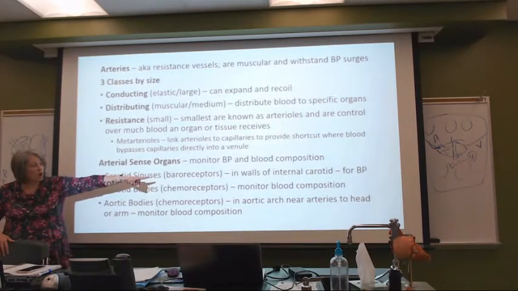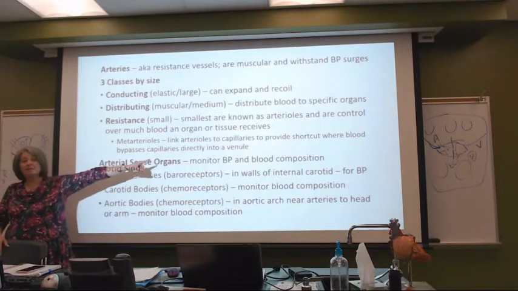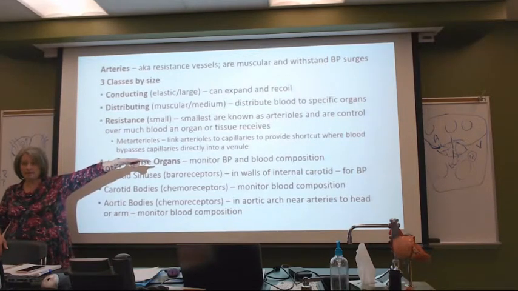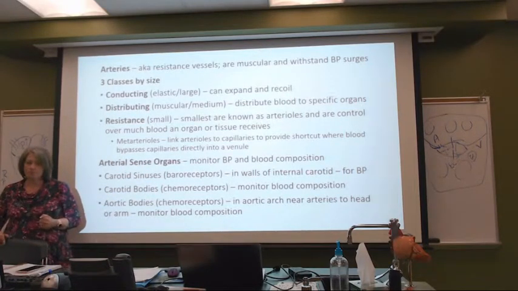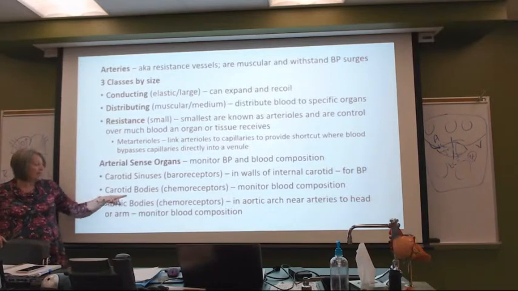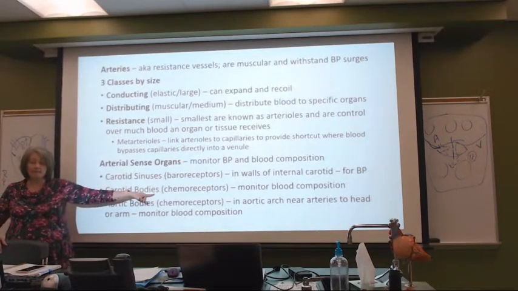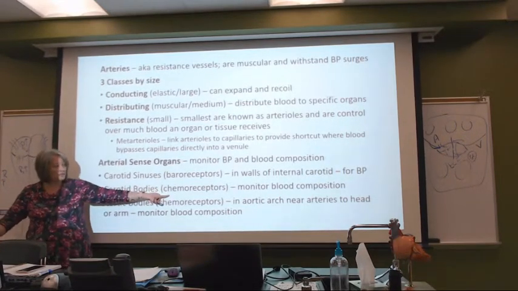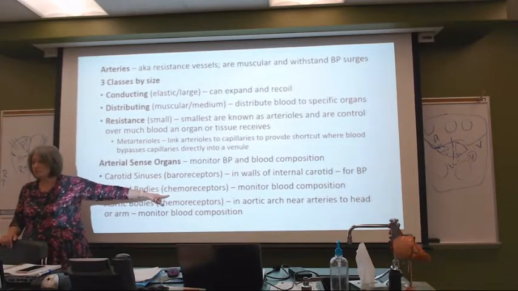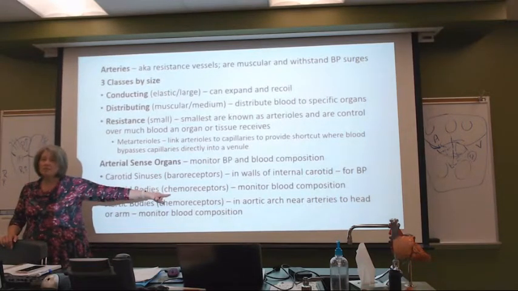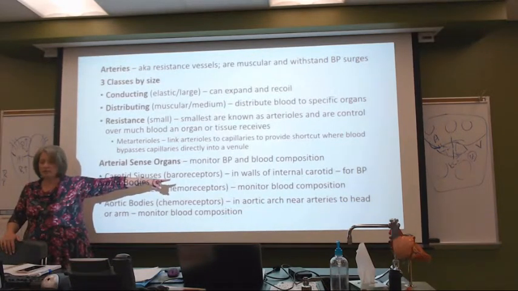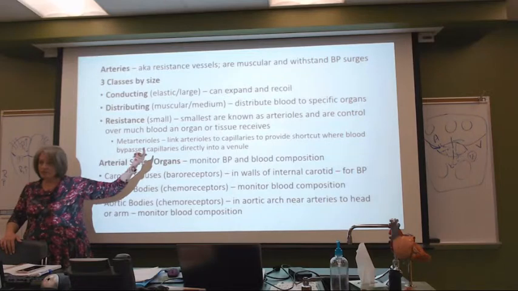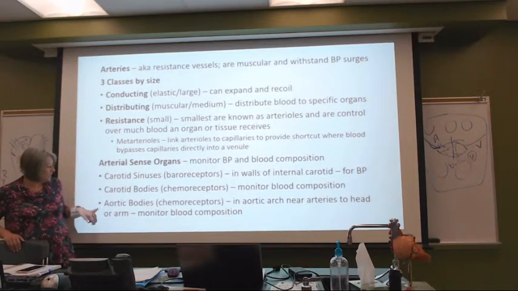These are in the walls of my internal carotids, because you have internal and external, okay? And they check for blood pressure. I have carotid bodies. These are chemoreceptors. They're checking for chemicals, and they're monitoring the composition of the blood, the majority of it being pH.